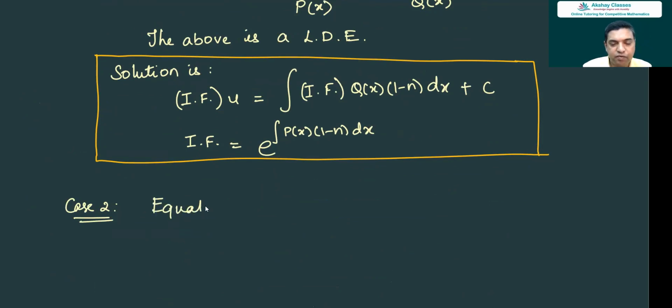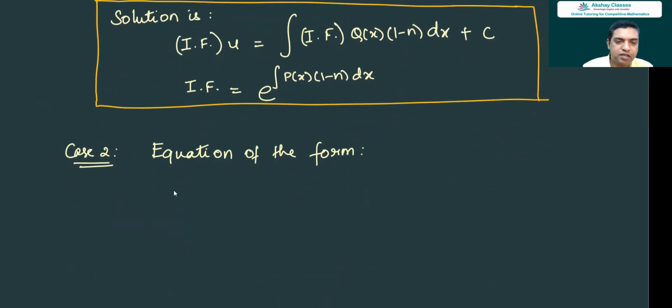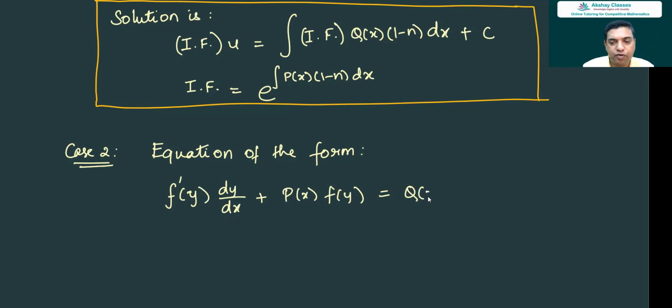So an equation of the form f dash y, dy by dx, plus p of x times f of y is equal to q of x.